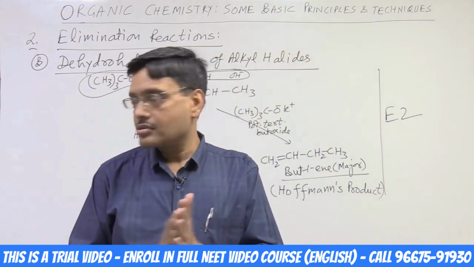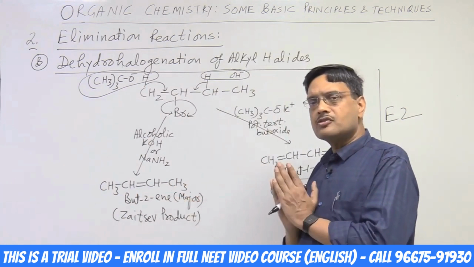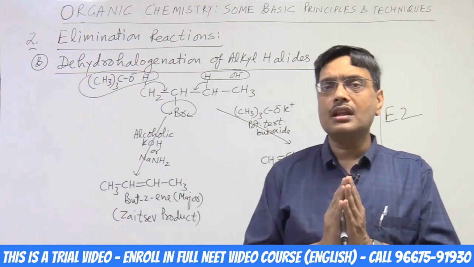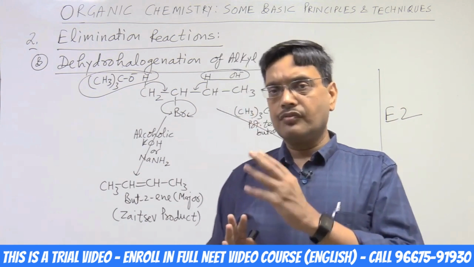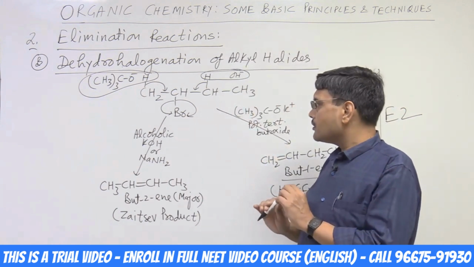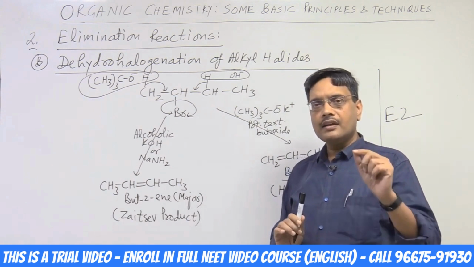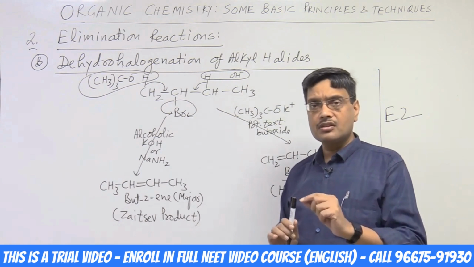See another case. Leaving ability of the group depends on what? Leaving ability depends on the basic nature of the group which leaves from the compound. Weaker is the base, better is the leaving ability. And among fluoride, chloride, bromide and iodide, which is the weakest base?